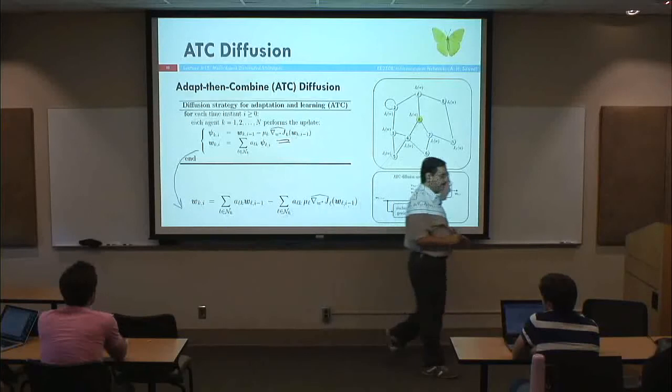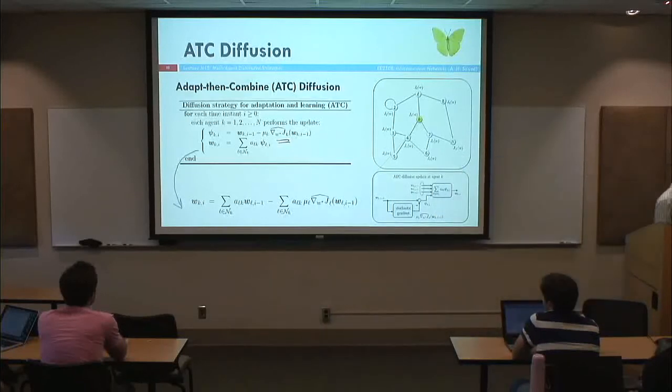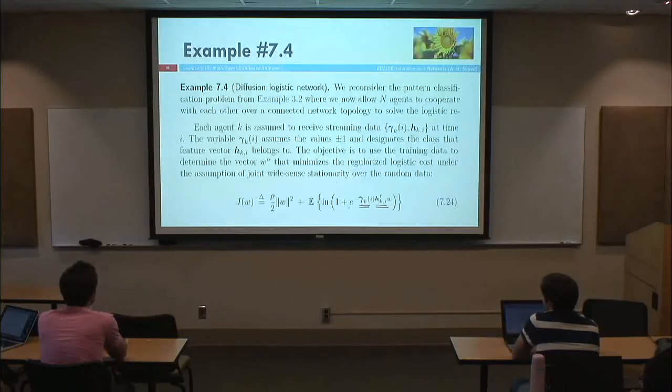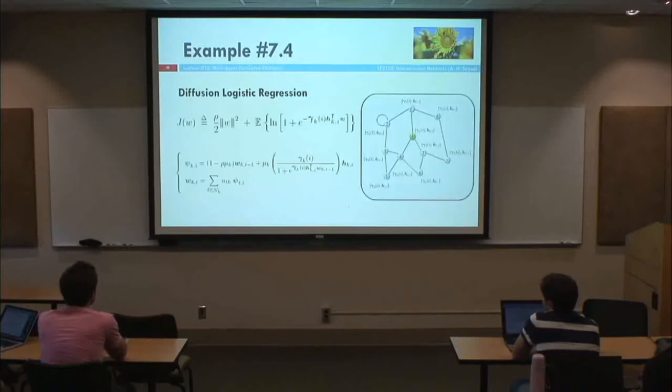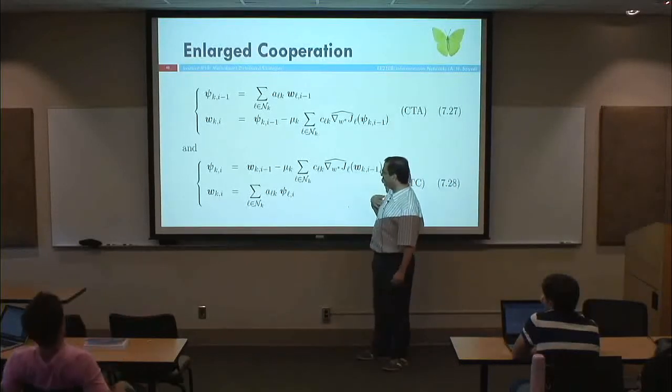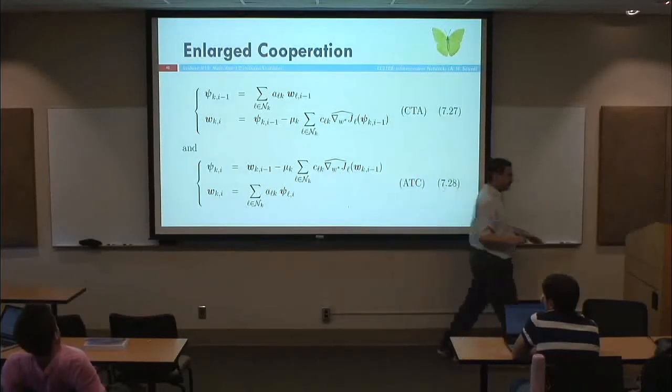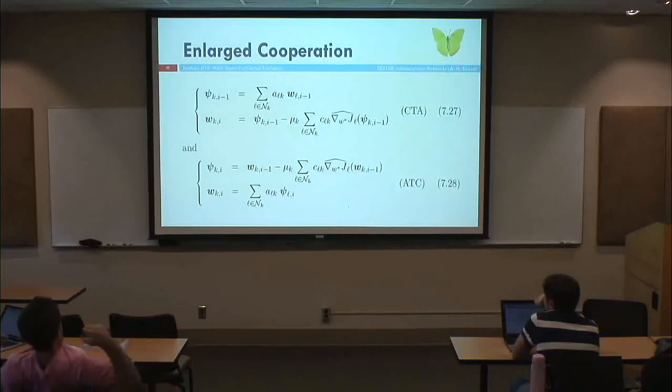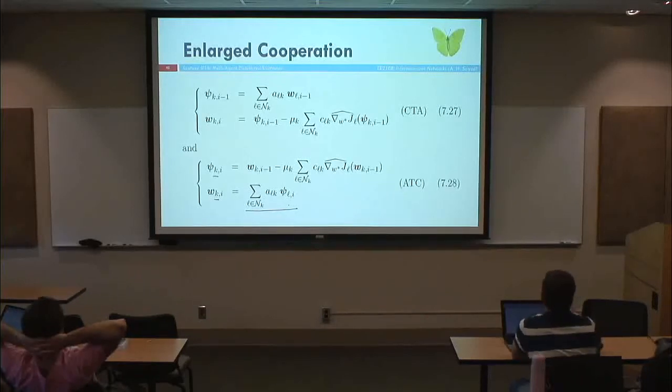Okay? So one other form of diffusion that you can do is like this. I am an agent K. Here I'm combining the estimates from my neighbors just like before.